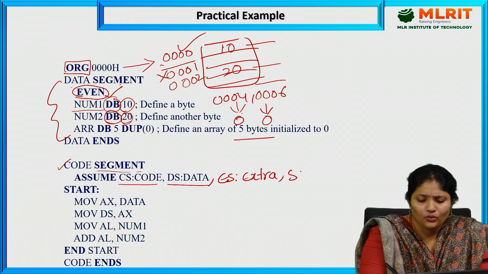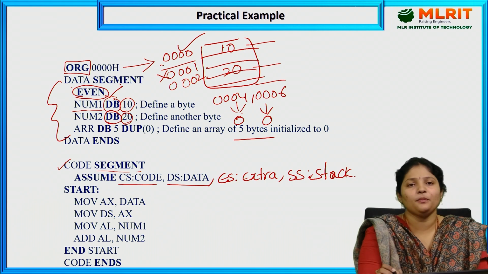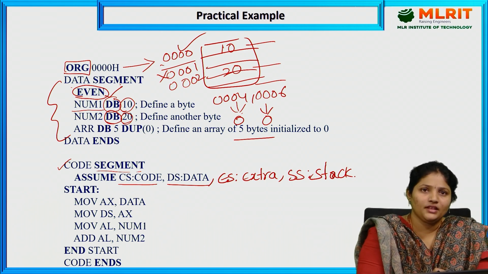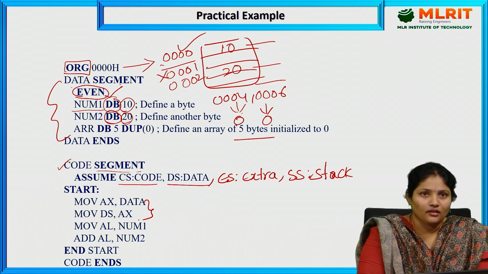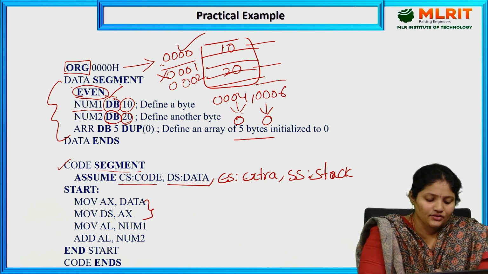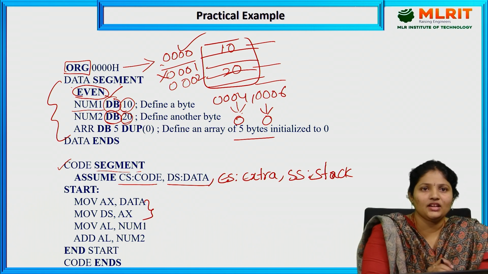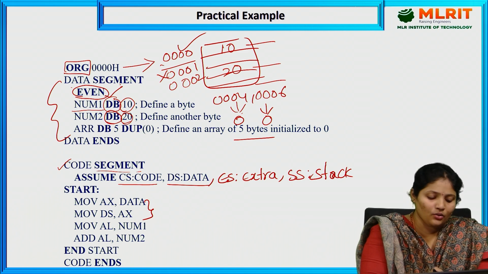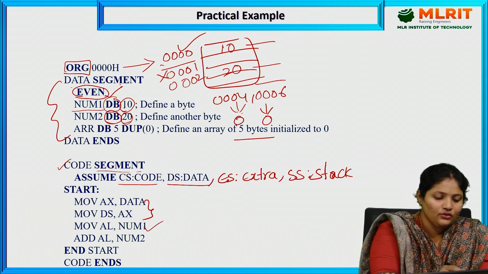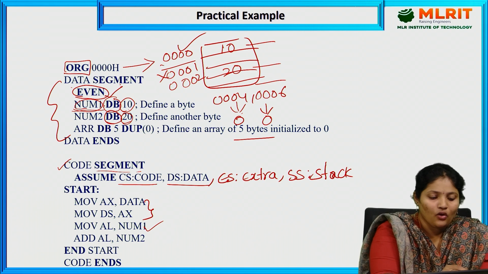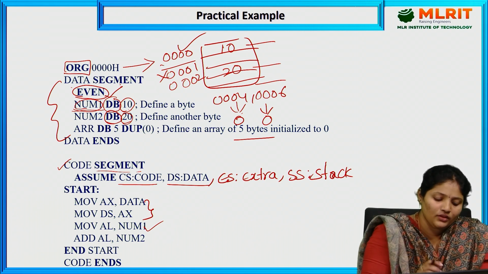If you are using a stack segment, you can use it by writing it in assume. This links the segment. These two instructions are used to initialize the data segment within the code segment. Now, the number 1 label address memory location will hold the data 10.